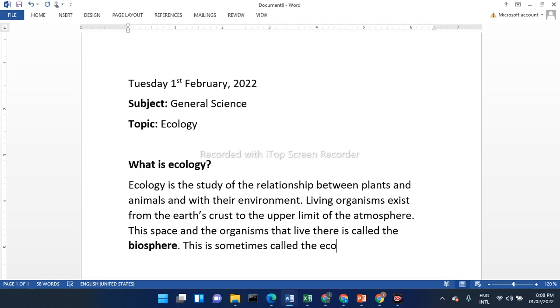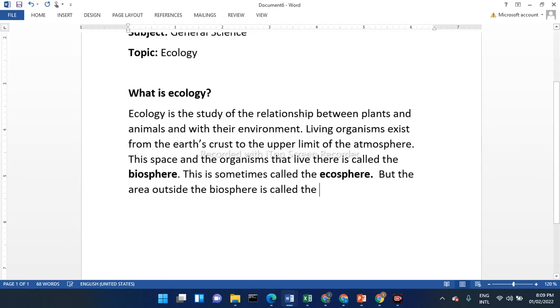Atmosphere? Ecosphere. Okay, that's close. But the area outside the biosphere is called, what's the area outside of the biosphere? Outer space.